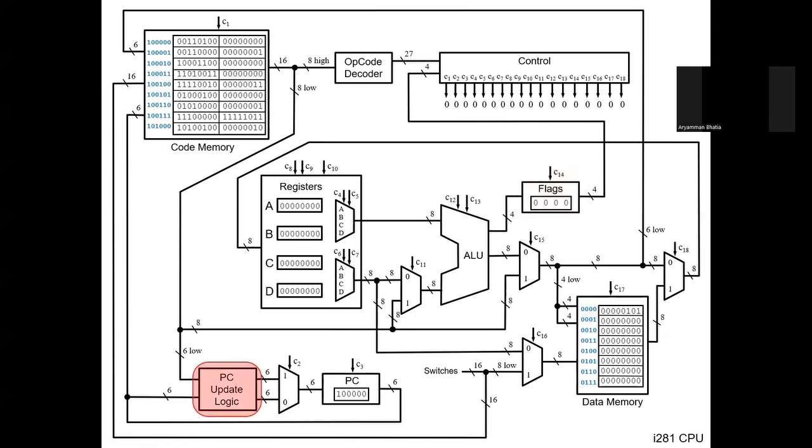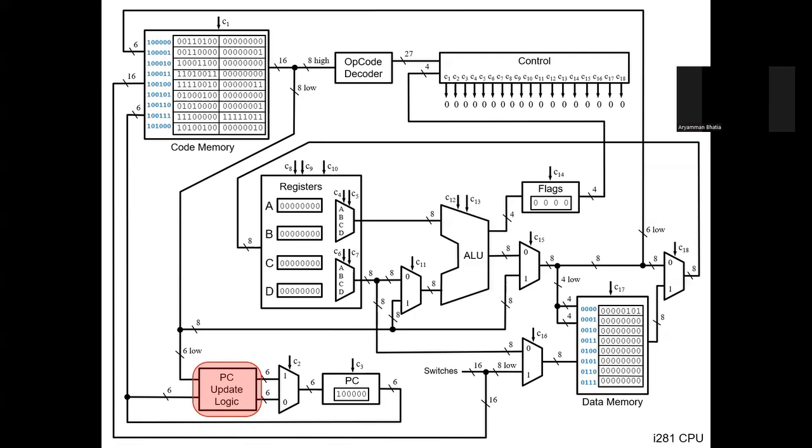Then we have the PC update logic, which I have explained multiple times in the past. The code memory has some select lines for which address memory has to be passed through, and the PC update logic tunes those lines.